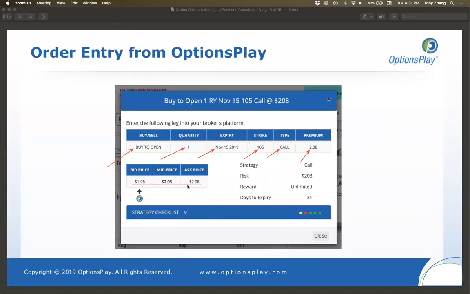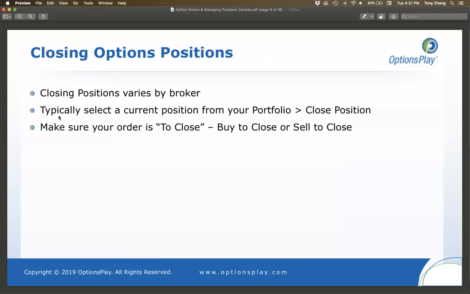Now, we will talk a little bit about this in the next slide as to where and when you want to consider placing your options order. But first, you want to make sure you enter your order correctly. You have all of these 6 parameters that you have to enter, and make sure that you enter them correctly before you can start taking a look at the price of an option.